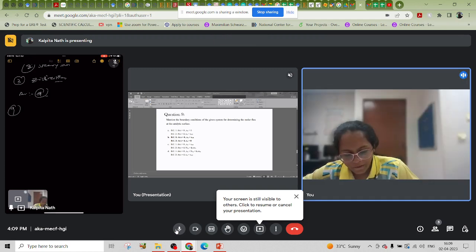Okay, first the boundary condition at z is equal to 0, x A is equal to x A naught. This is already given in the figure.